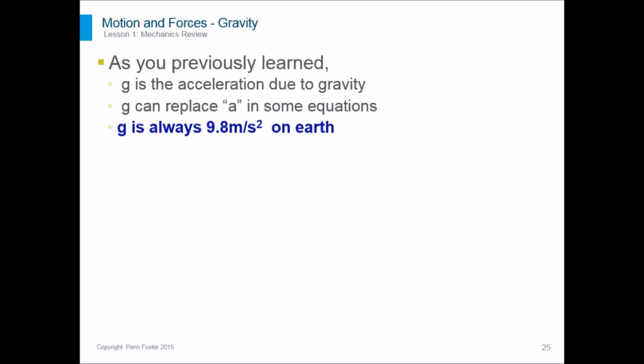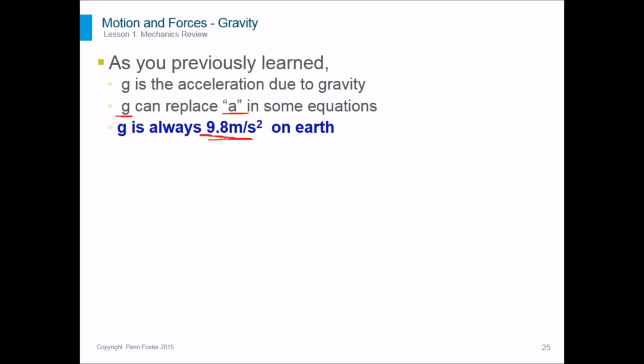Because it's always the same rate, we can simplify, and so we use the letter g, a lowercase g, and that replaces a in these formulas. So the acceleration, instead of a, is just going to show a g, and when you see a lowercase g in a formula, that number is always going to be 9.8 meters per second squared.